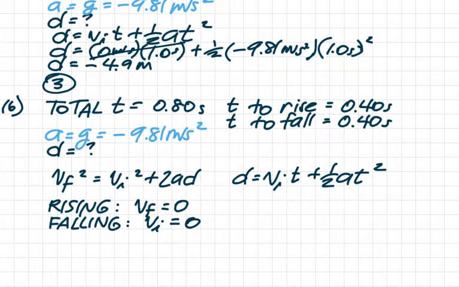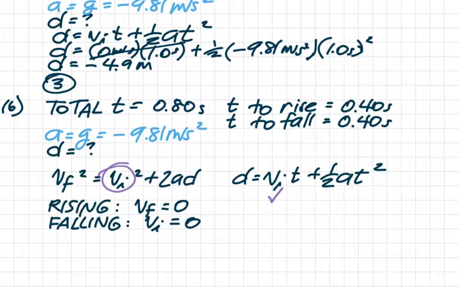If I look at it from the rising perspective, where V final is 0, that sounds promising, except I don't know what V initial is when she's rising. I don't know the speed that she jumps at, so that's not really going to work. But if I look at it from the falling perspective, because it's the same time and same displacement, I do know V initial.